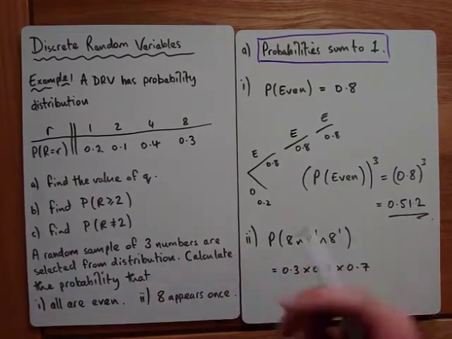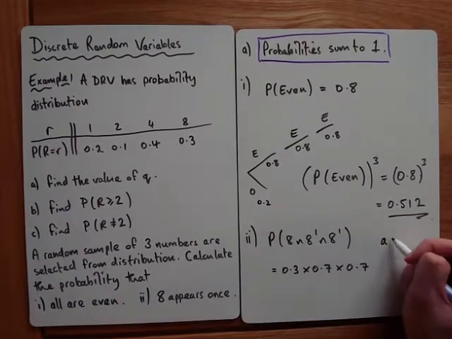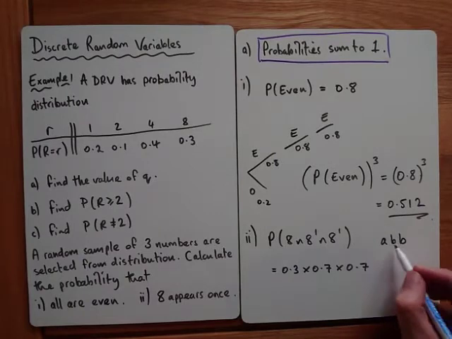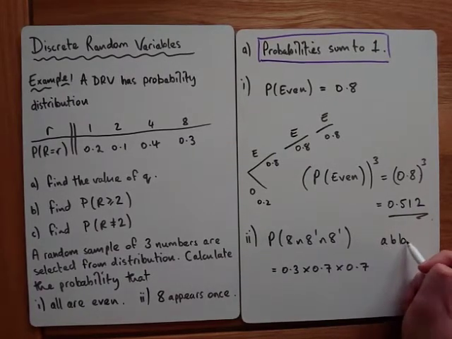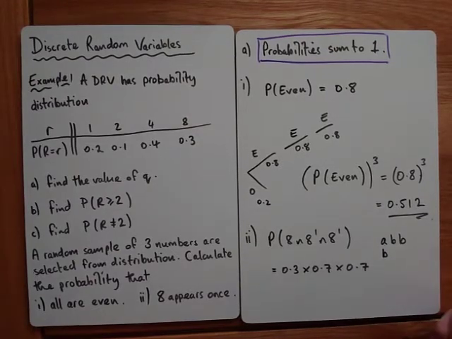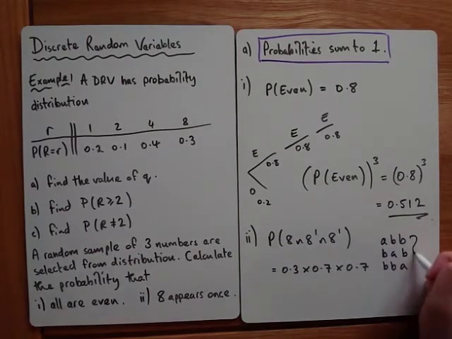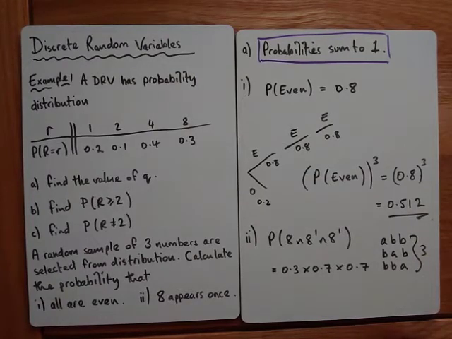If you're spinning it 3 times and 8 appears once, if I just use A and B, the 8 could appear and then not appear, or the first roll could be not an 8, and then you could get an 8, and then not an 8 again, or you could get not an 8, and then not an 8, and then you get an 8. In other words, there's 3 times that could happen.